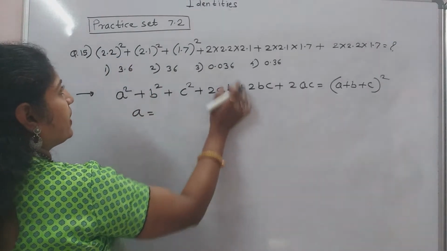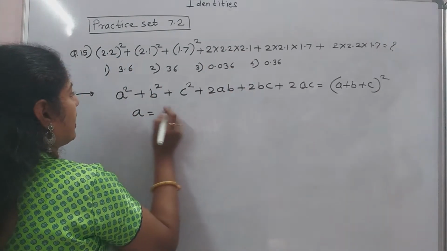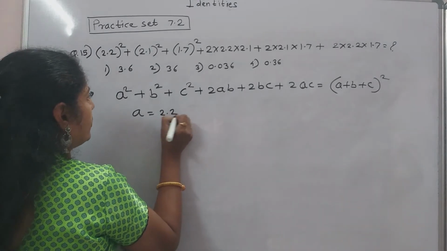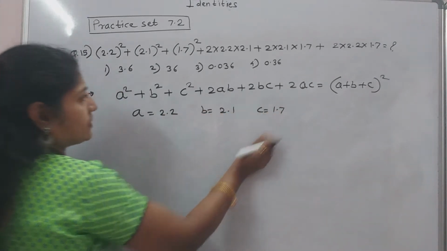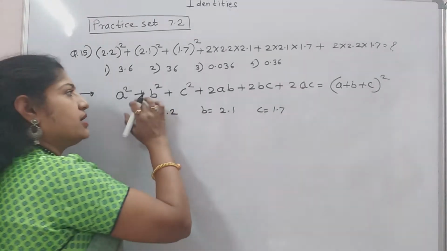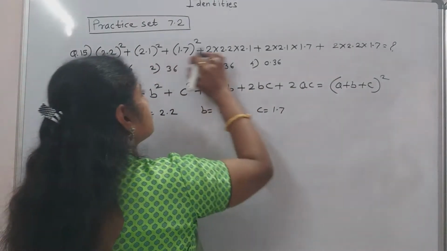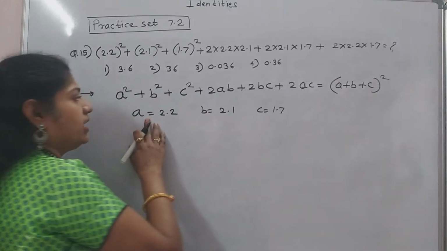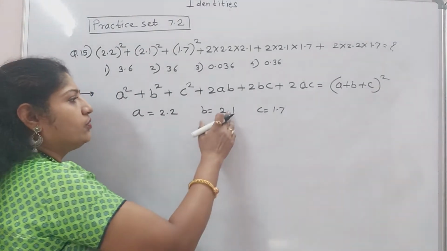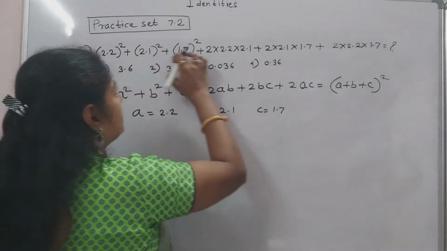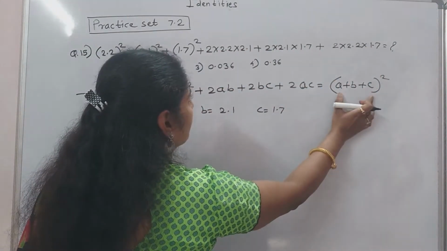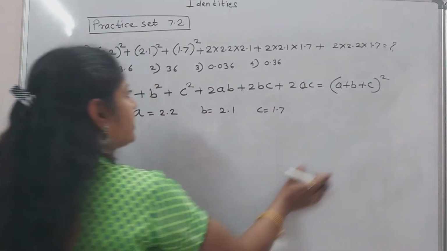By comparing both, a equals 2.2, b equals 2.1, c equals 1.7, and this is the expansion of (a + b + c) whole square.